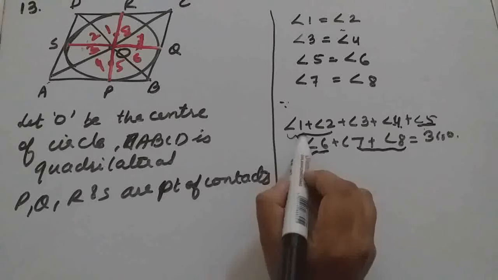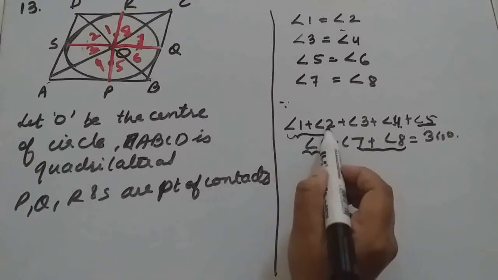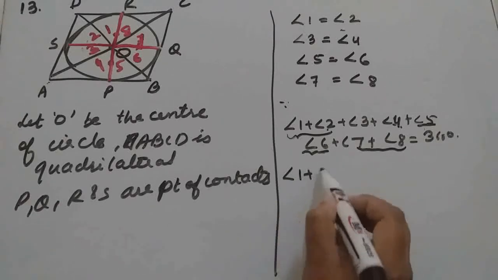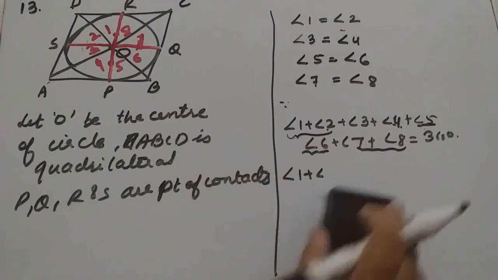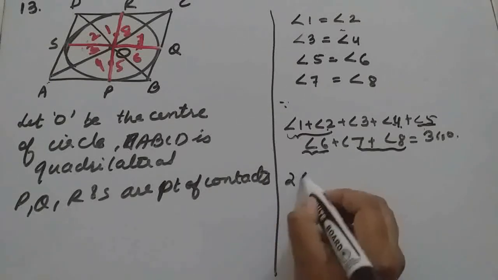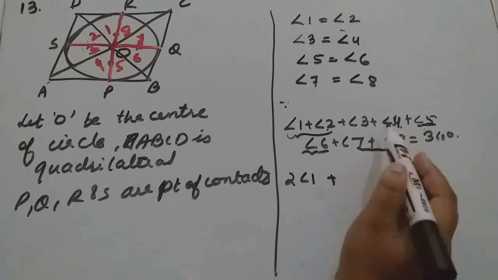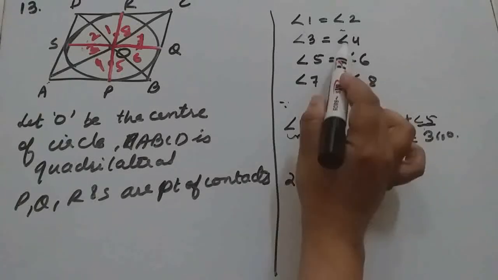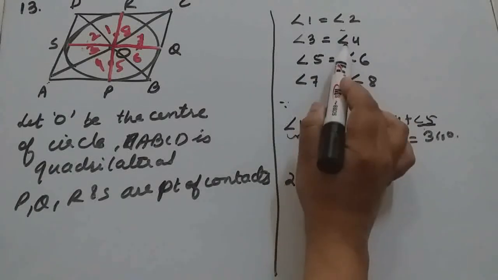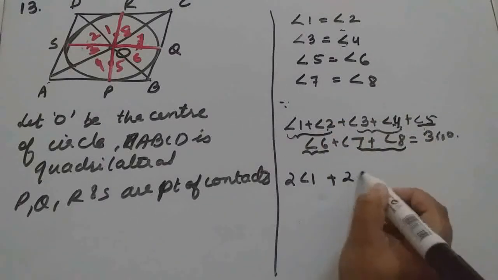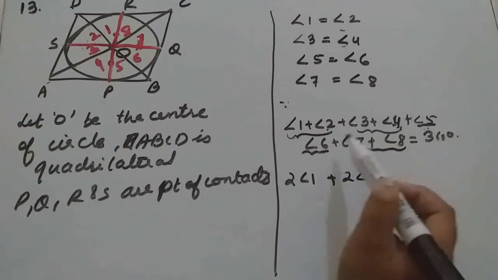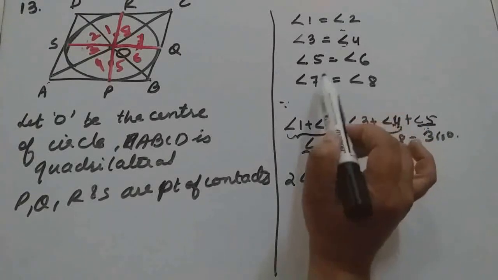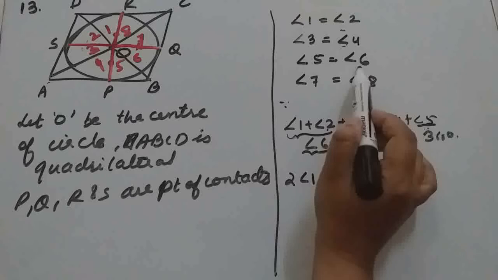Okay, so instead of 2, here I can write 1 also, isn't it? So 1 plus 1, it's 2 times 1 I am writing directly. Okay, 2 times angle 1. Then from 3 and 4, I can write 3 as 4. Okay, so 2 times angle 4. Here from 5 and 6, I can write 5 instead of 6.